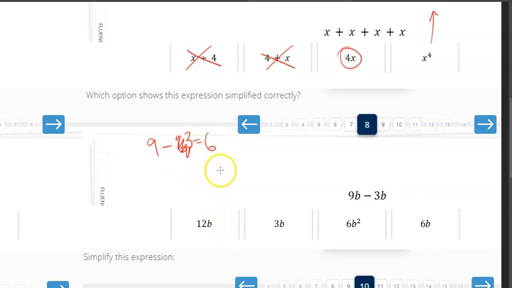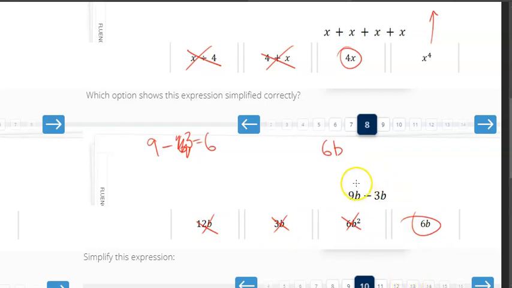So we know that our answer has to involve a 6. But what it's saying is there's 9 lots of this b, because it's 9 times b, and we're taking 3 of them away. We should be left with 6 lots of b, or 6 times b. So it can't be that one, can't be that one, can't be that one. It has to be this one.